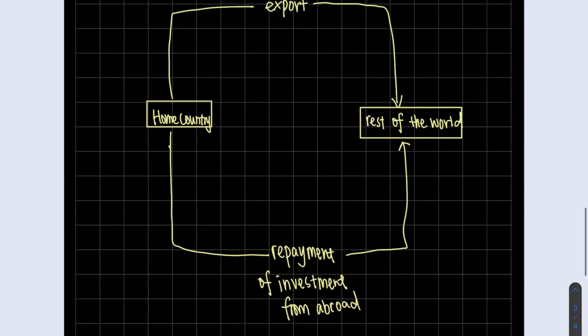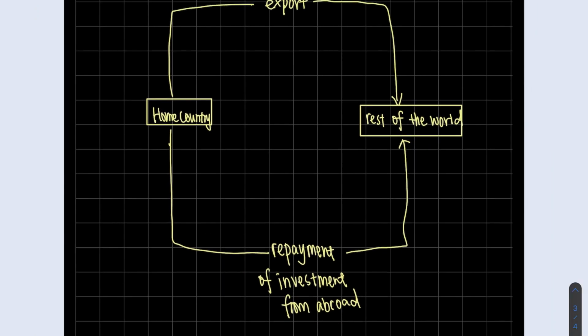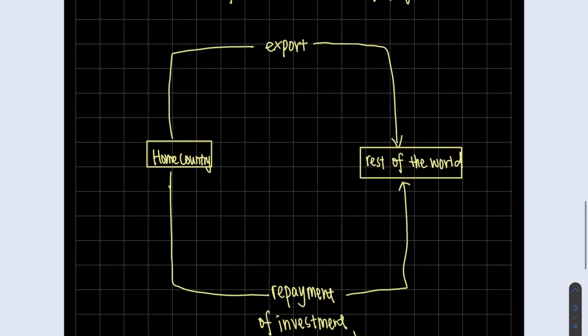Then let's go back to the rest of the world. The second line shows the money that the home country receives for those exports. After we invest money in the other country, we also receive investment income from the rest of the world toward the home country.